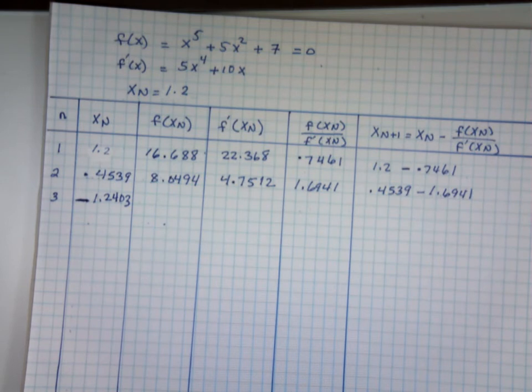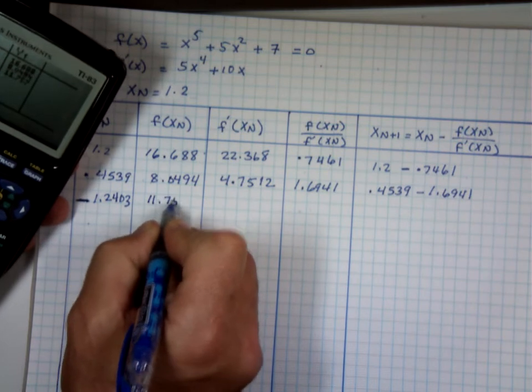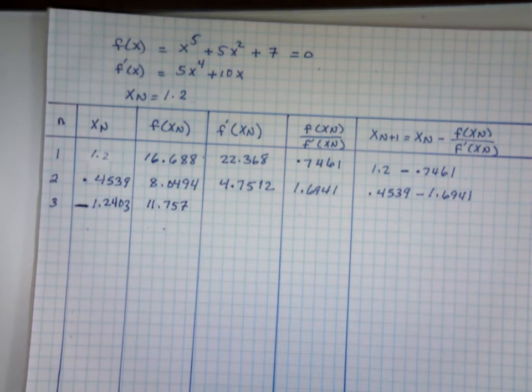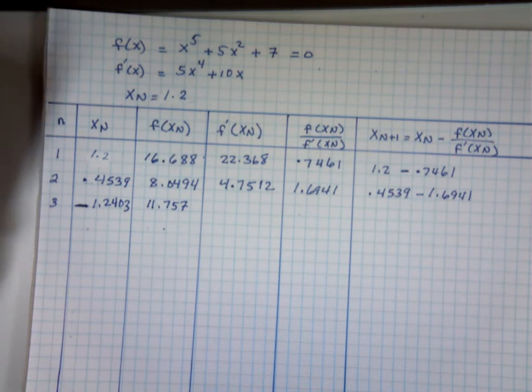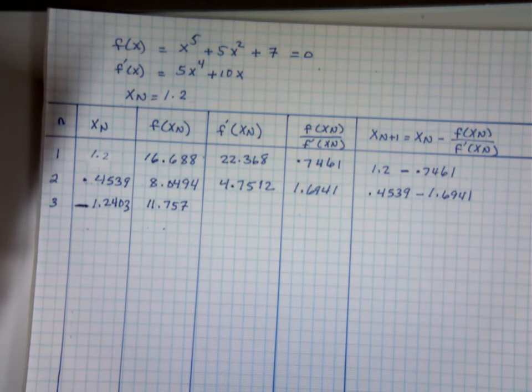Uh-oh. That's 11.757. Not even close. What's the derivative of that? 5 times negative 1.2403 to the power of 4 minus 12.403.